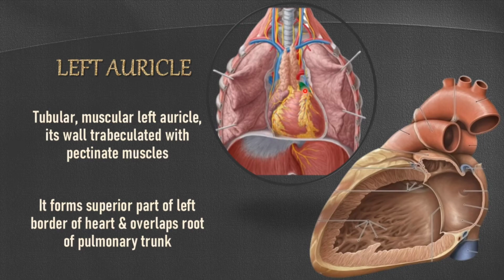So the left border of the heart is superiorly formed by the left auricle. So it forms the superior part of the left border of the heart and overlaps the root of the pulmonary trunk. This is the root of the pulmonary trunk and this is the left auricle.